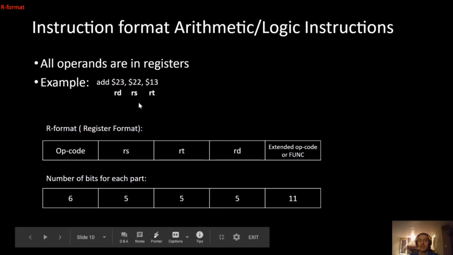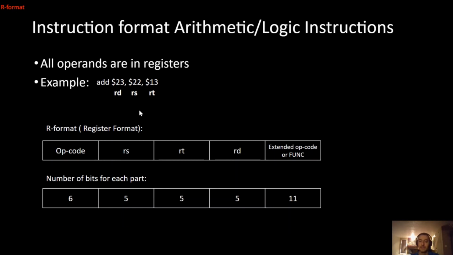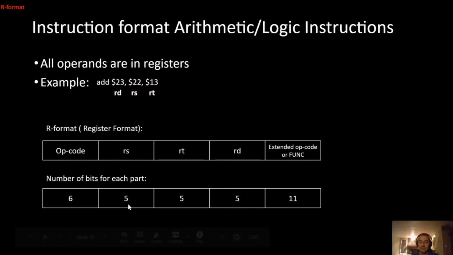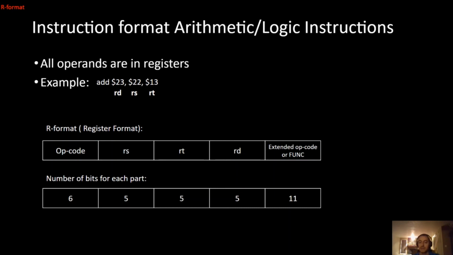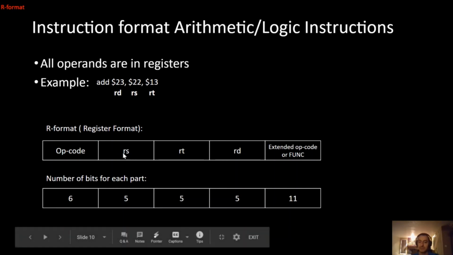One more thing that I want to add is that you can pause the video and think about it for a few seconds. What is the reason that there are 5 bits here for each register? So why exactly 5 bits? The reason is that we have basically 32 different registers that we could represent here.